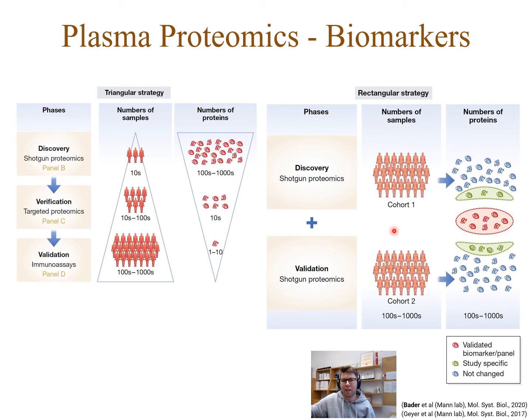So it involves analysis of thousands of proteins in large cohorts of patients. And biomarkers can then be identified or categorized as proteins that display differential abundance across different sample cohorts.